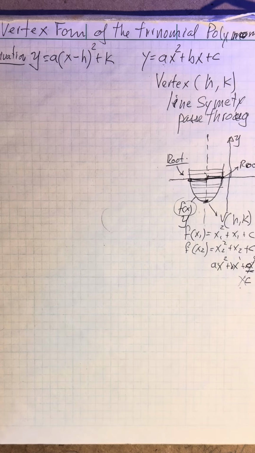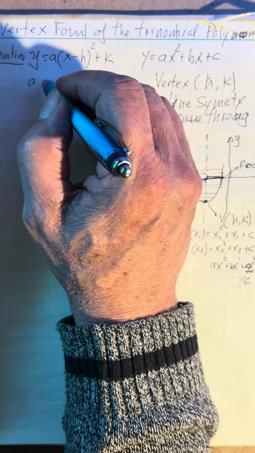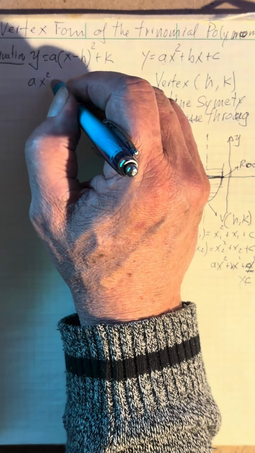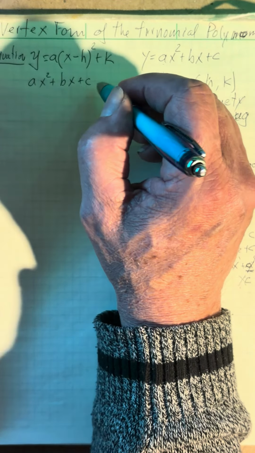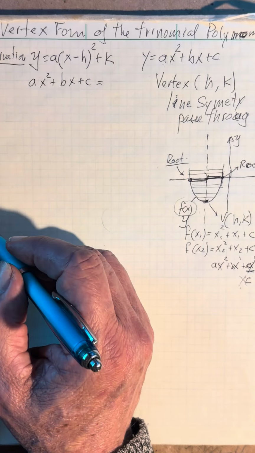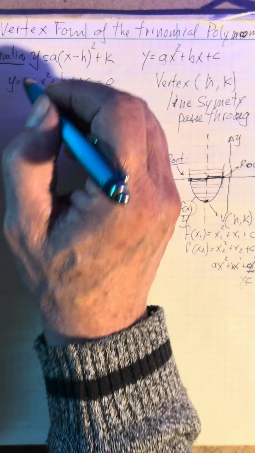In any case, the way we're going to tackle this is we're going to start with a regular trinomial polynomial that we're going to set to 0, because we're going to assume we are looking for the roots.